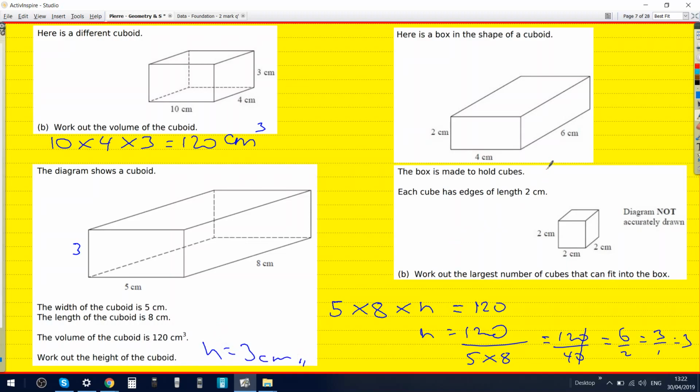How about top right? Okay. Made out of cubes. Each cube has edges of length 2.